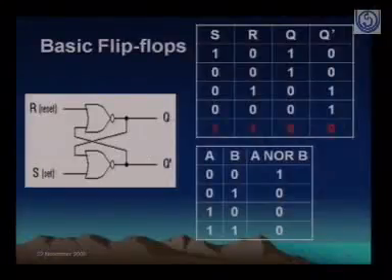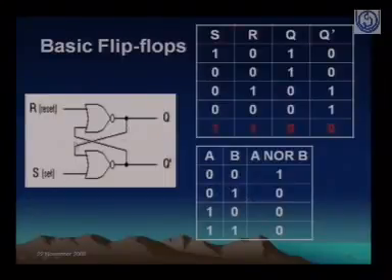We can go back to the slide, please. So what happens in this situation? The value of the set input is 1, so one of the inputs to the NOR gate happens to be 1. What will the output be, irrespective of the other input?